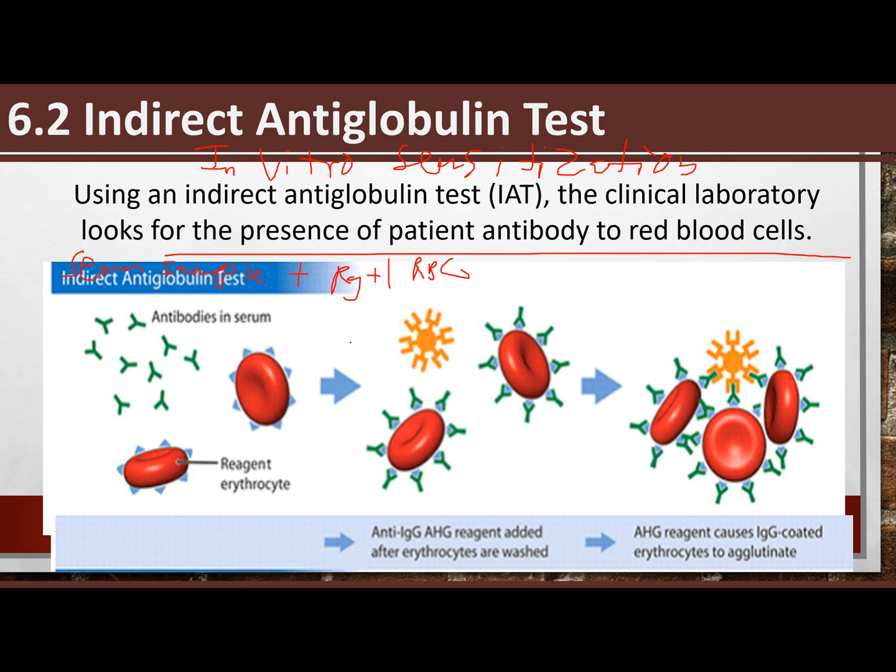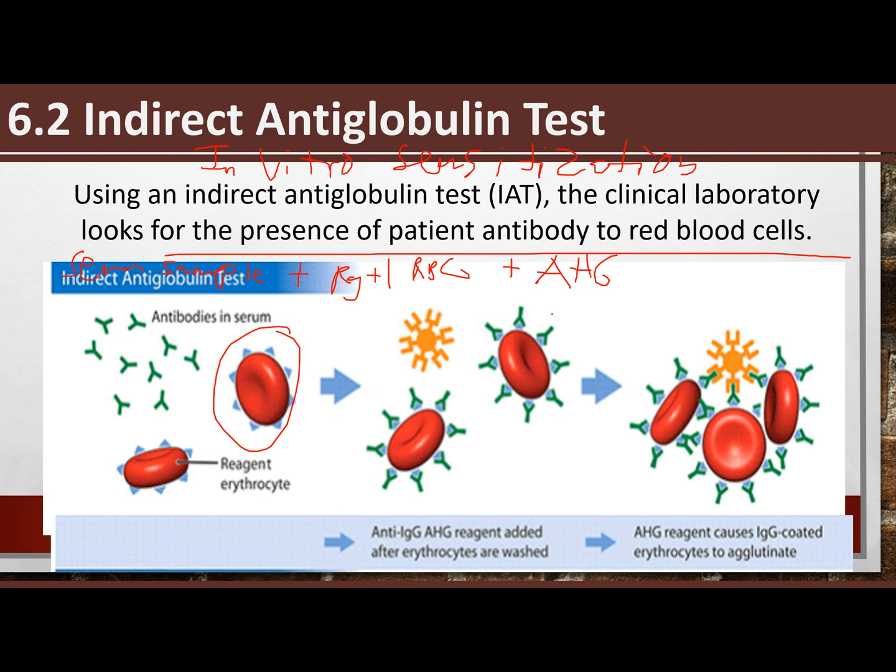After you add them, you let it stand, then you now add your anti-human globulin. If there is sensitization, class, you let it stand. If there is sensitization between the serum sample and your reagent 1, which is an RBC, it would now cause the RBC to become coated with antibodies.